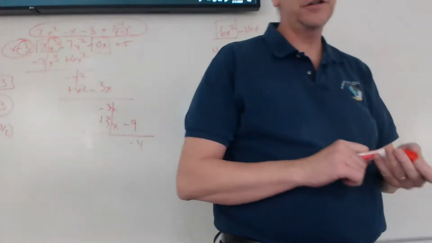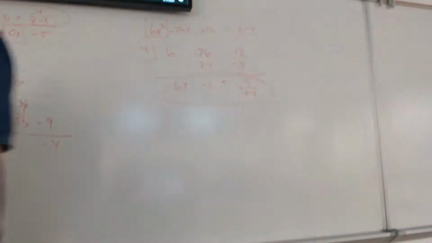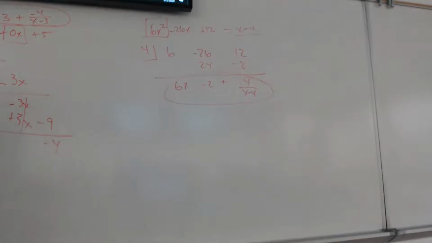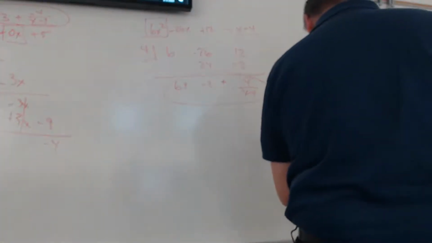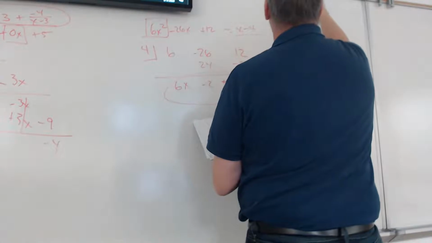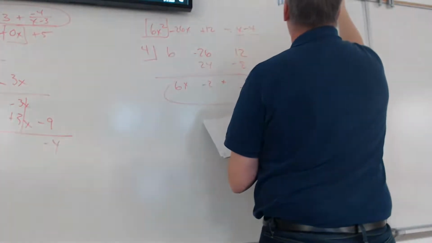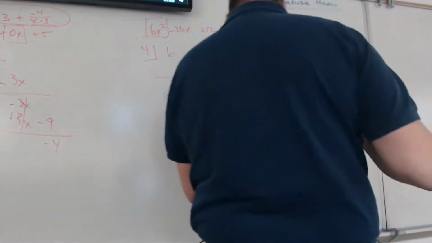All right, so now let me give you a couple of theorems. That red's kind of hard to see, isn't it? Let's pick a different color. Couple of theorems. We have here the remainder theorem. Okay?